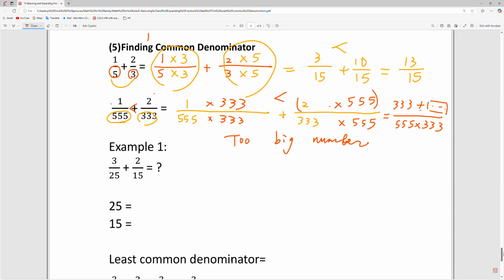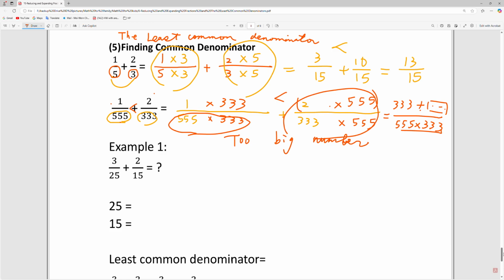Basically, how to find the least common denominator. Yes, I can find a common denominator, but it's too big. It makes the whole fraction very, very big, too big a number, not easy for calculating.